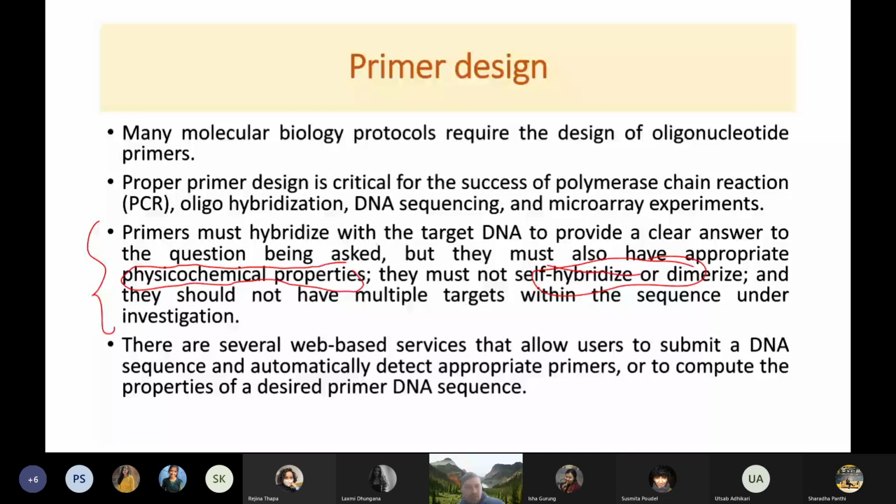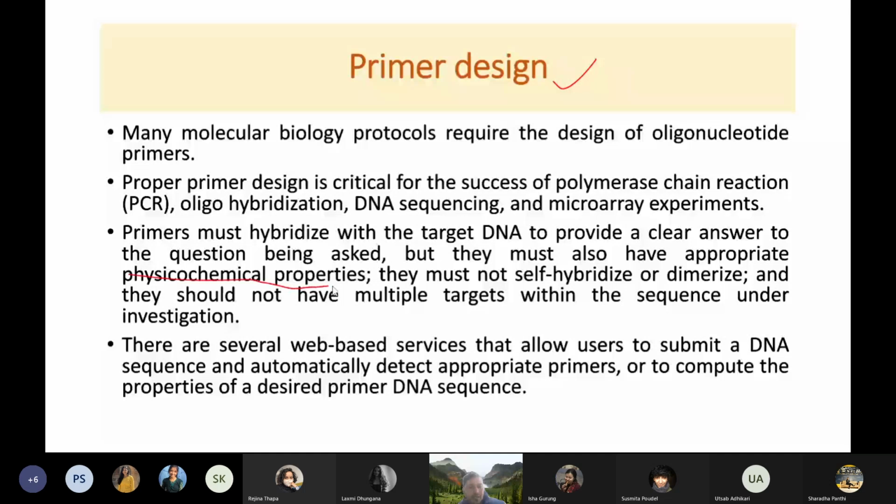Proper primer design is critical for the success of polymerase chain reaction, oligohybridization, DNA sequencing, and microarray experiments. All these experiments require that you design the primer in the correct way. Primers must hybridize with the target DNA to provide a clear answer to the question being asked, but they must also have the appropriate physiochemical properties.